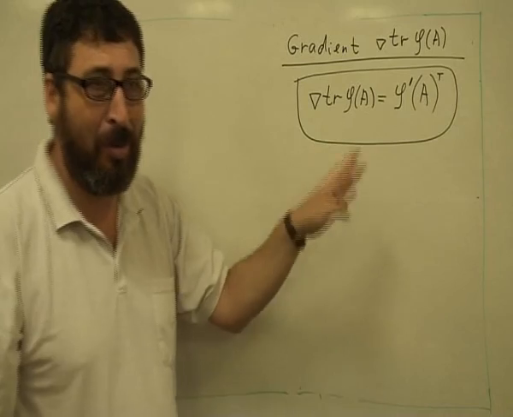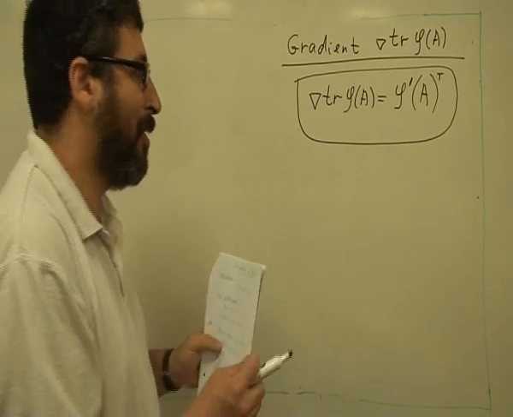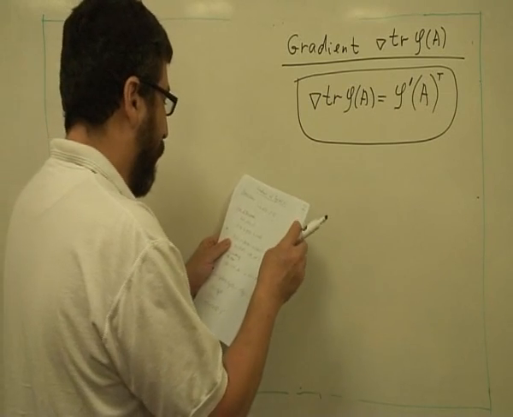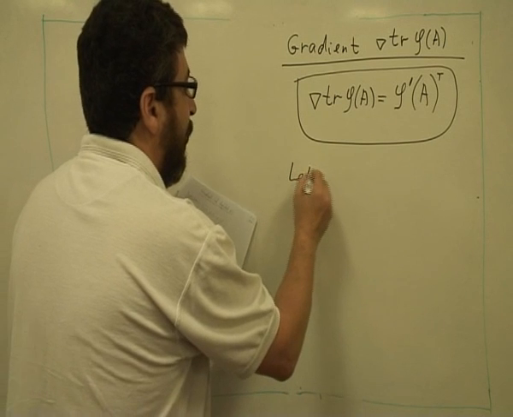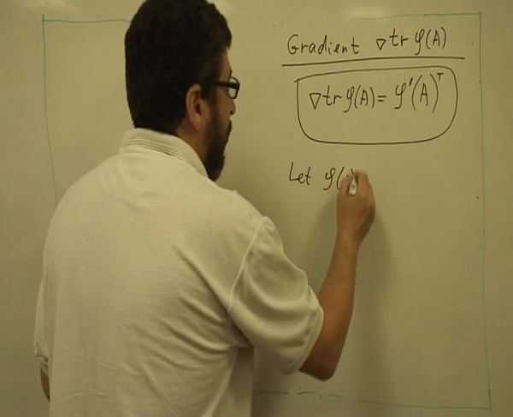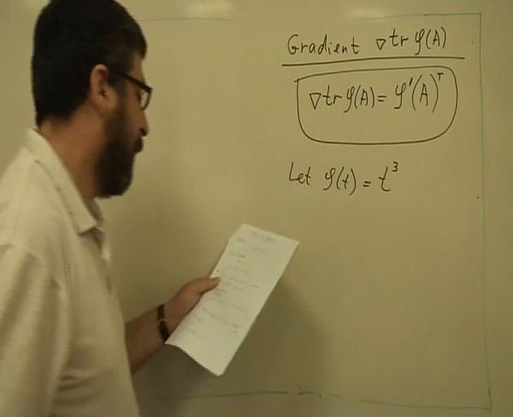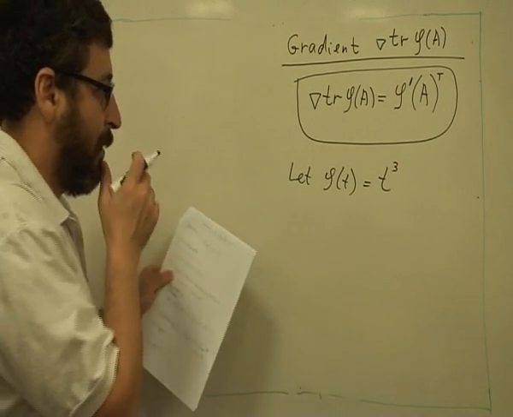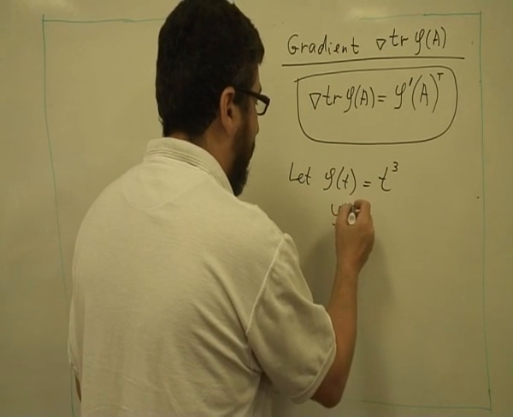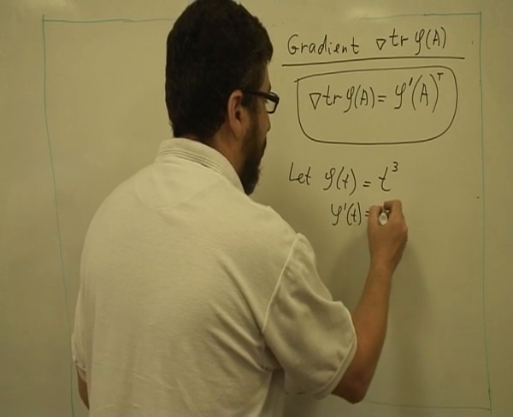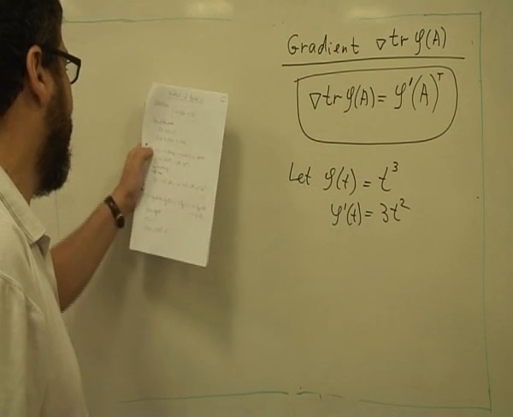I will just show you a particular example, but the example is rather general to derive a full proof from it. So let phi of t be just, say, t cubed. In this case, phi prime of t, of course, is 3t squared.